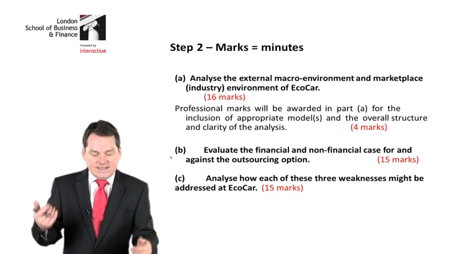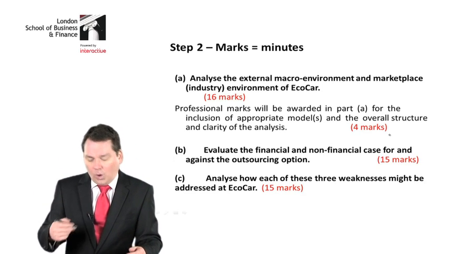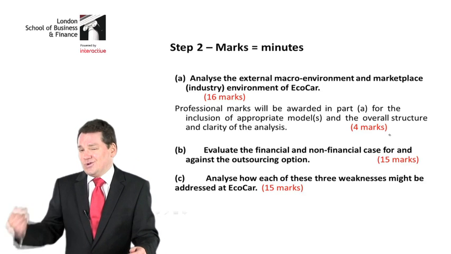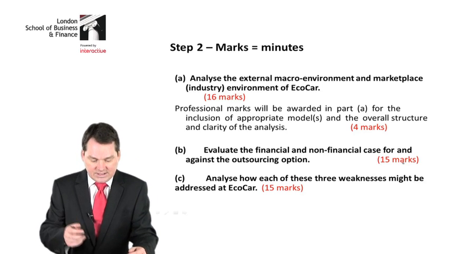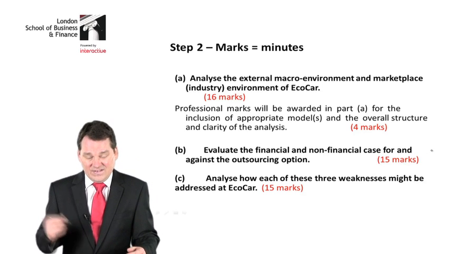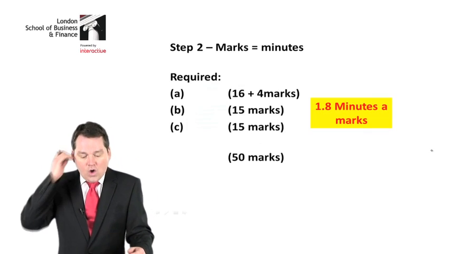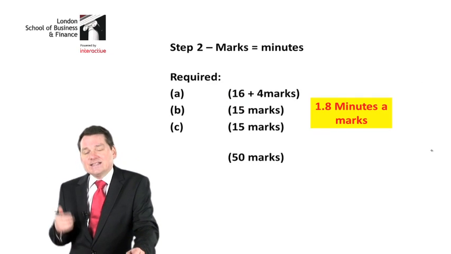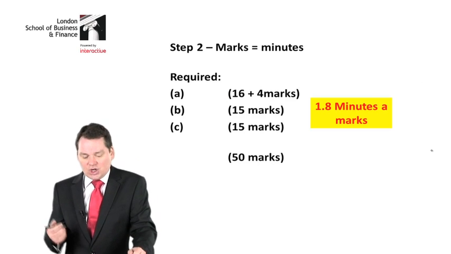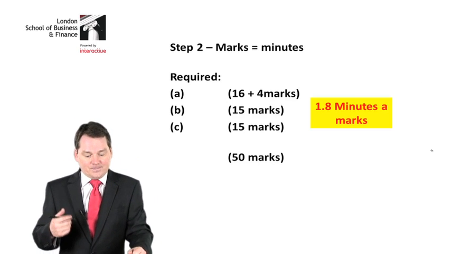So, 16 marks, 4 professional marks, and we'll do that at a later step, 15 marks and 15 marks. So 16, 15, 15. The first thing that you probably should notice then is those mark allocations are pretty similar.